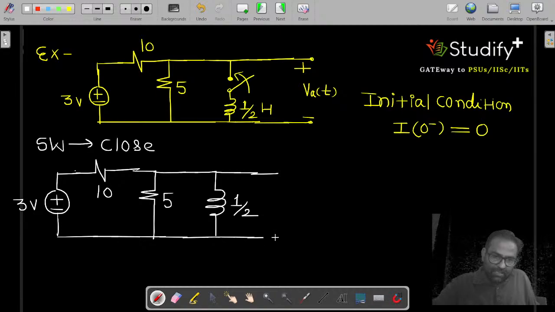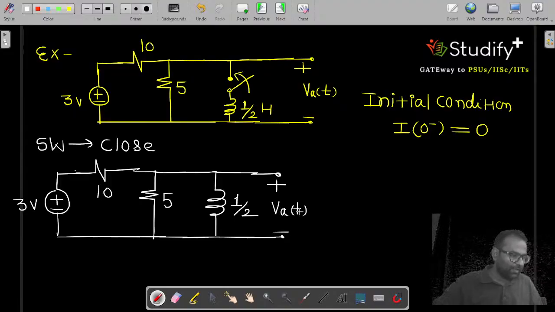And we are interested in this voltage. This voltage is VA of T. Correct?